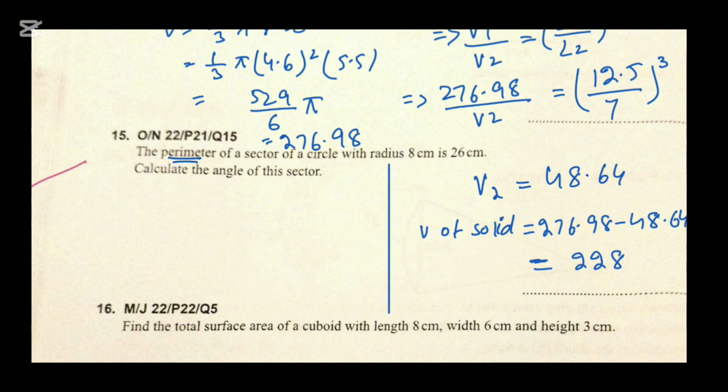Sector of a circle. This is the sector of a circle, radius 8, and perimeter is equal to 8 plus 8 plus arc length, so it is equal to 16 plus arc length.